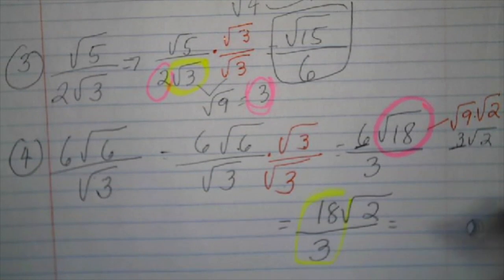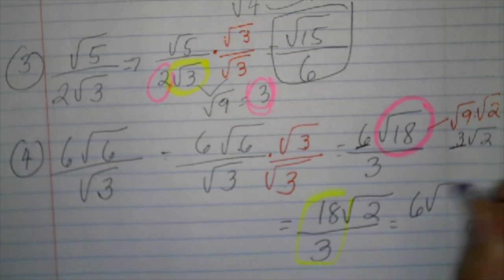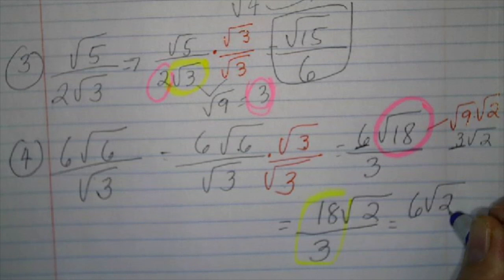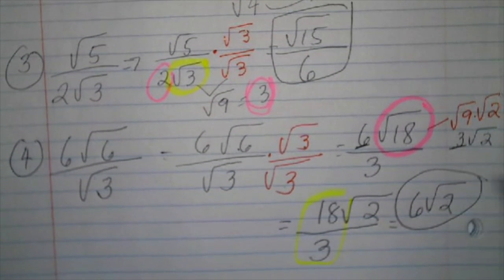Is that my final answer? Oops, no. Divide 18 and 3. So your final answer will be 6 square root of 2. That is the answer that you're having.